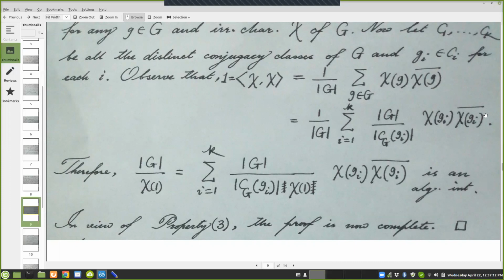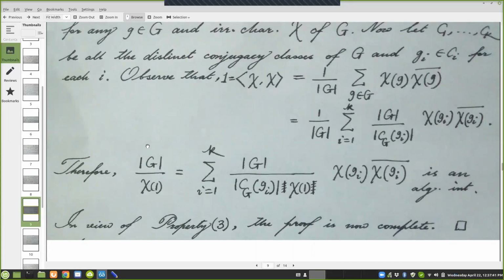Now we know that each of the summands is an algebraic integer, so is their sum. So therefore this is a rational number which happens to be an algebraic integer. Hence, in view of the third property, it turns out to be an integer.